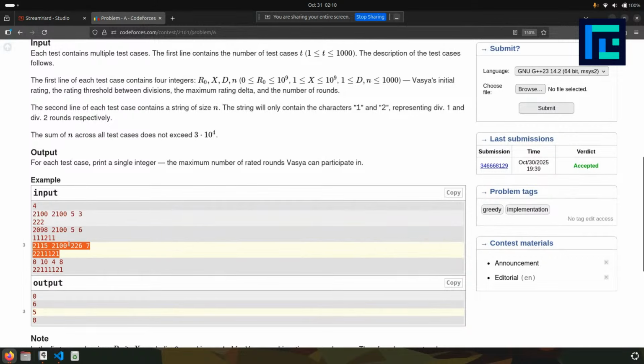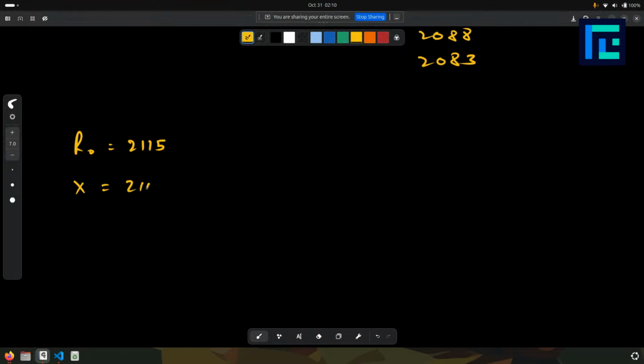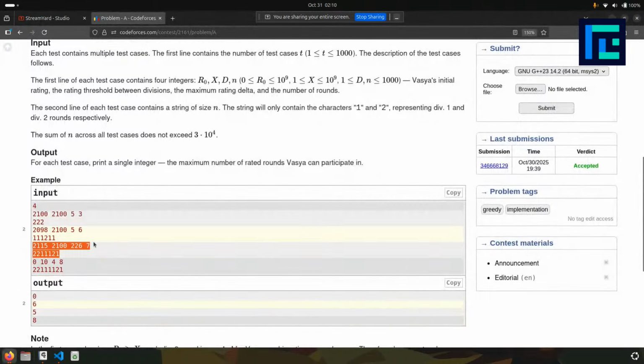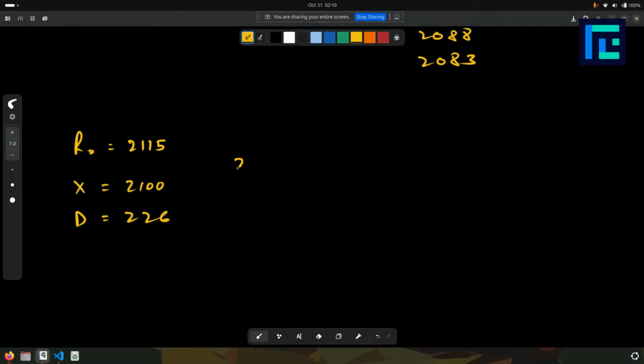Then the next test case, 2115 is our initial rating. Then X is 2100. Then D is 226, and the contests are div 2, div 2, div 1, div 1, div 1 (2 2 1 1 1).